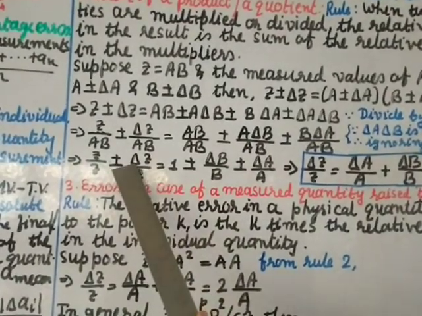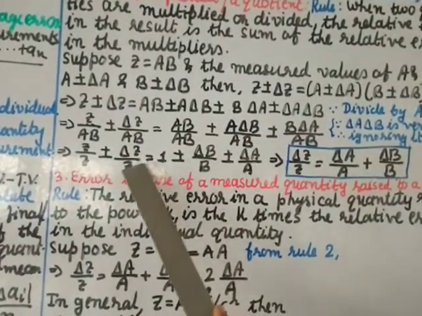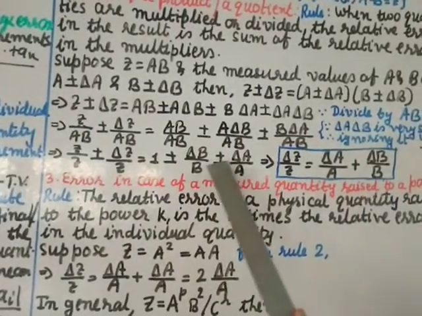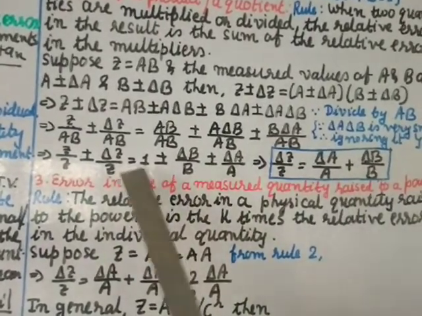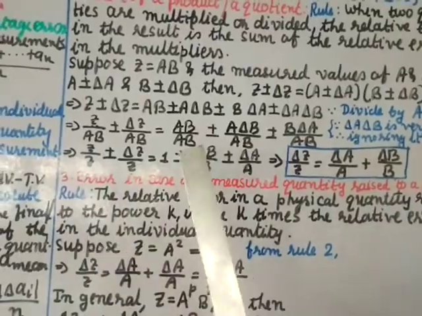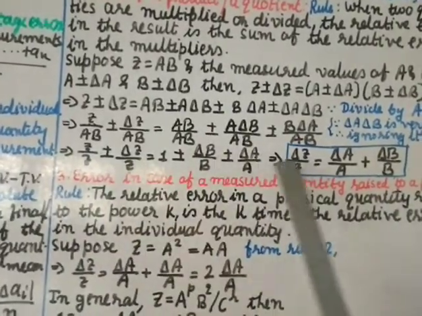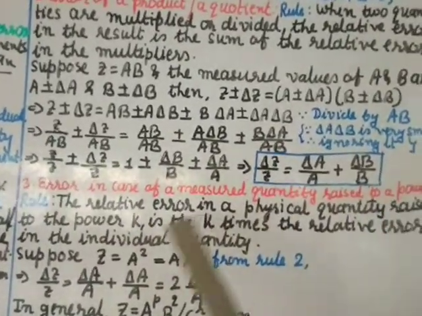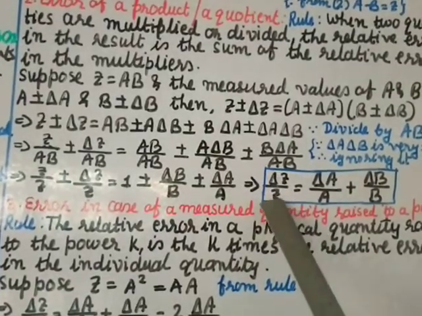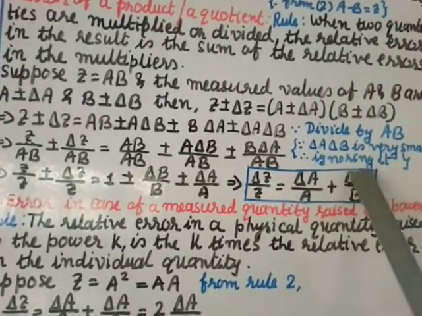So what remains is delta Z by Z equal to delta B by B plus delta A by A. Since plus or minus is there, you can take it common and cancel. So that is why you get the rule we have written: delta Z by Z equal to delta A by A plus delta B by B.